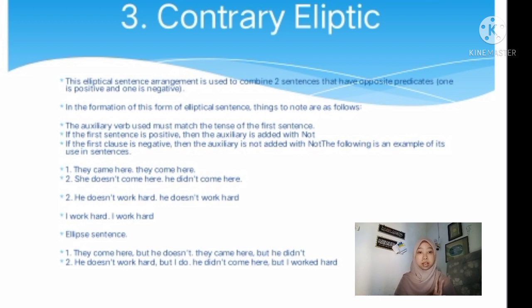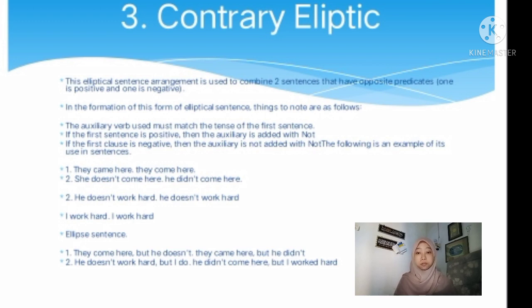Number 3. Contrary elliptical. This elliptical sentence arrangement is used to combine two sentences that have opposite predicates. One is positive and one is negative. In the formation of this form of elliptical sentence, things to note are as below.